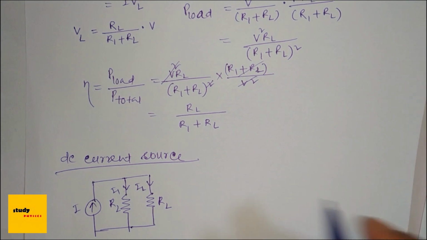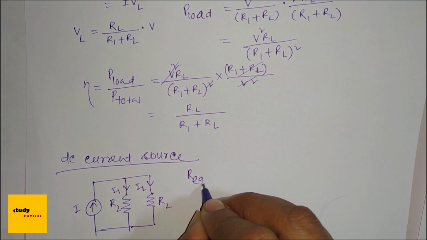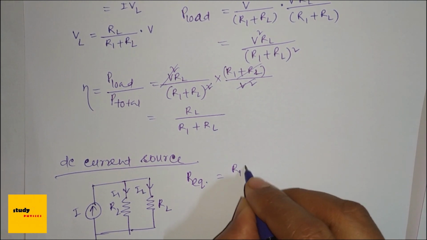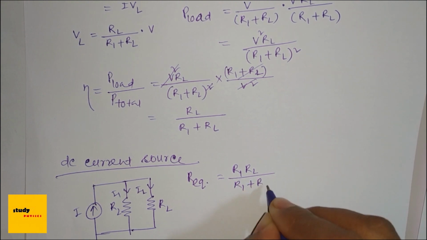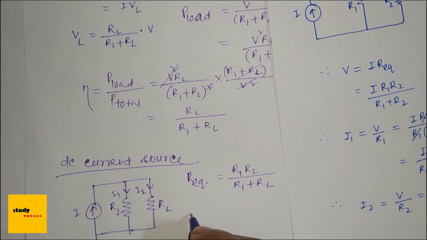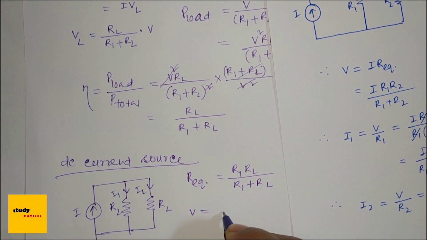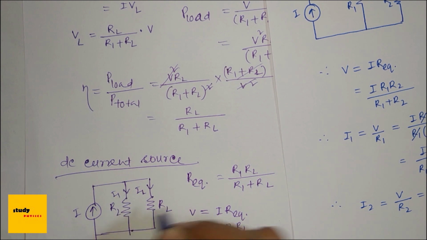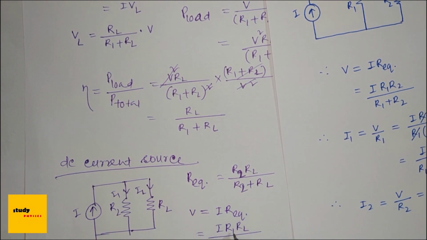Just like here, R equivalent equals R2 RL divided by R2 plus RL, and V equals I into R equivalent.